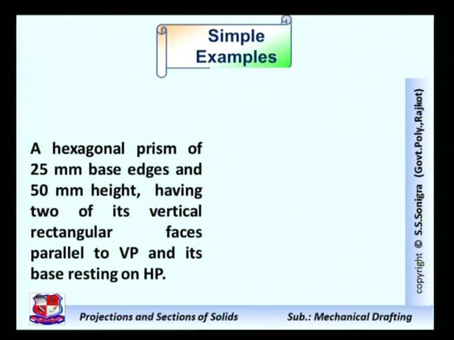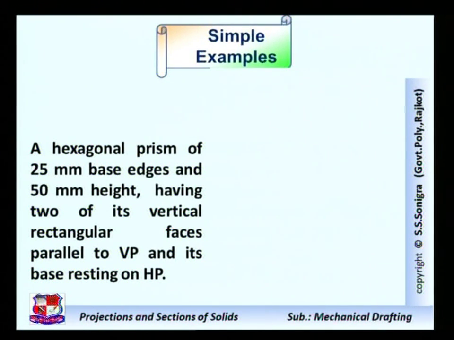For that, we start from its top view, as it is resting on HP and its vertical rectangular faces are parallel to VP and base is resting on HP. So first we have to draw its top view, which is below XY line, and it's a hexagon. Here it is given that 2 rectangular faces are parallel to VP.